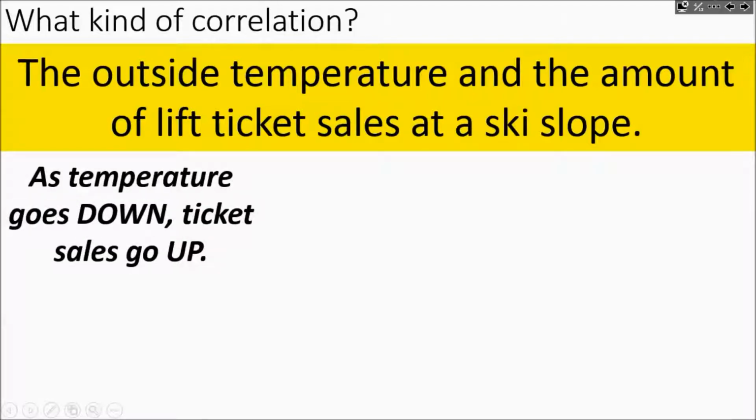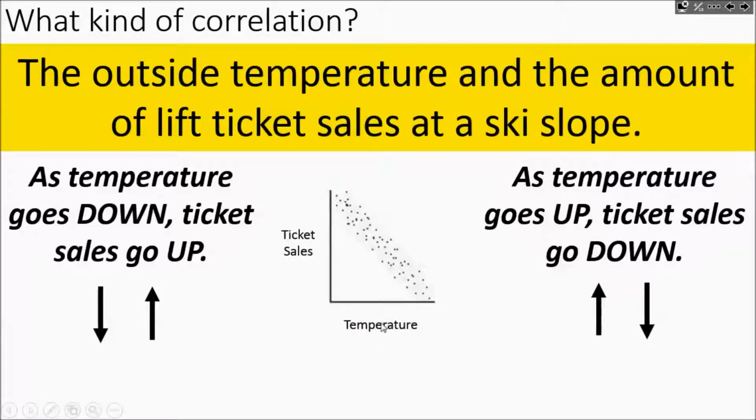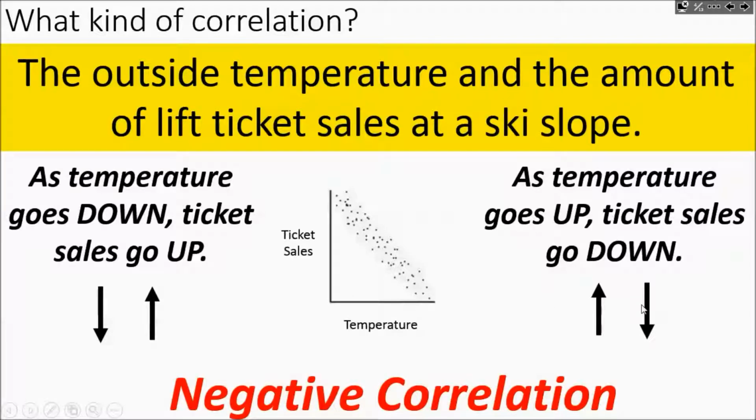So as temperature goes down, ticket sales go up, different directions. Or you could turn it around and say as temperature goes up, ticket sales go down. That's still different directions. If you were to graph, when your temperature's low, your ticket sales are high. When your temperature's high, your ticket sales are low. So this shows a negative correlation.